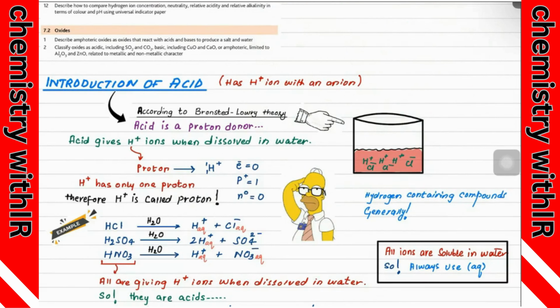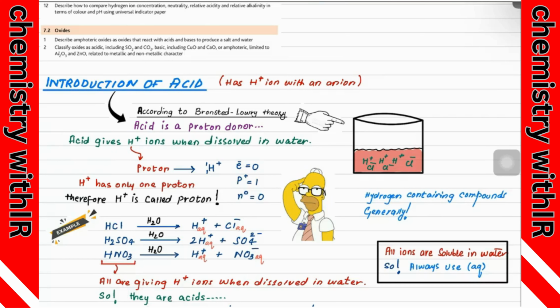So remember, we have multiple theories to define acids and bases. According to the Lowry-Bronsted theory, acid is a proton donor. It means that every acid is going to donate H positive ion.